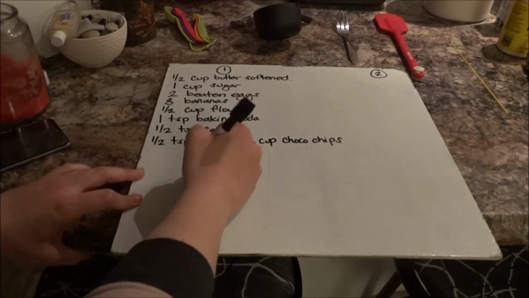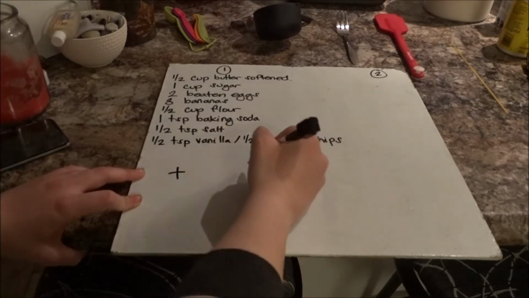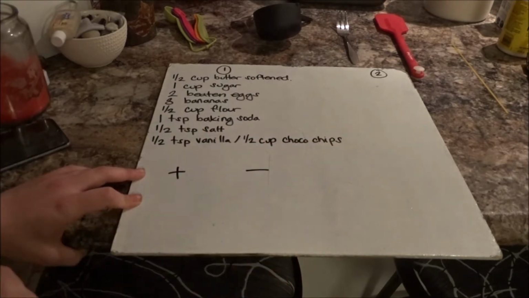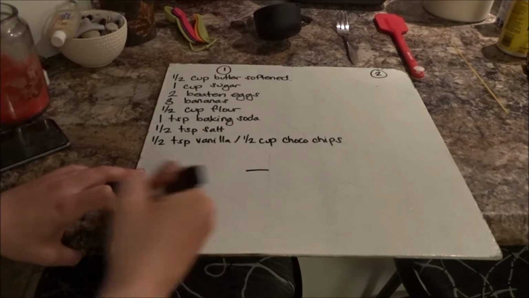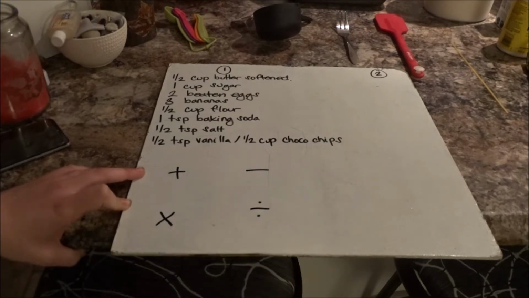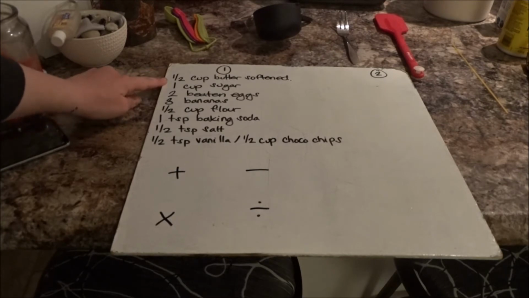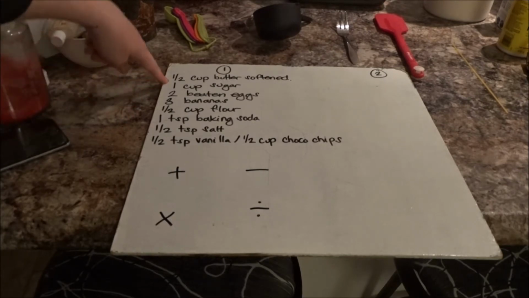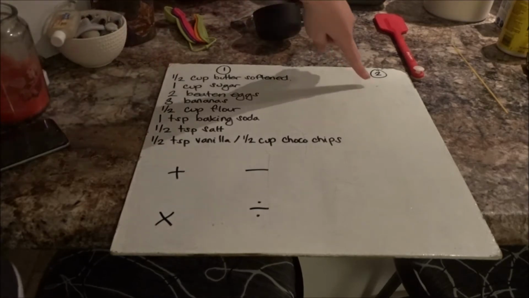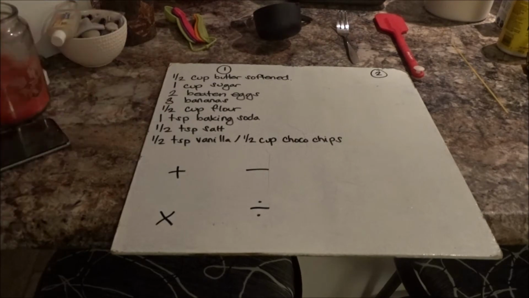Do you add it? Do you subtract it? Do you multiply? Or do you divide? What are you going to do to these numbers to get them to be the equivalent for if you are doubling the recipe? I may have just given you a hint.